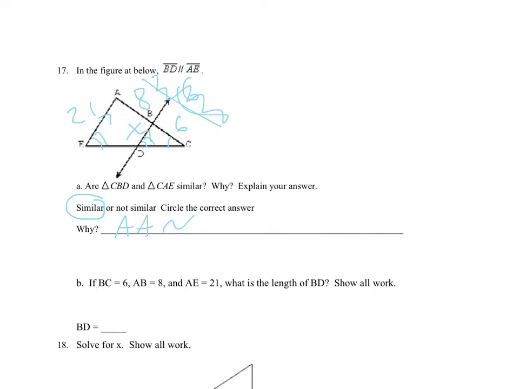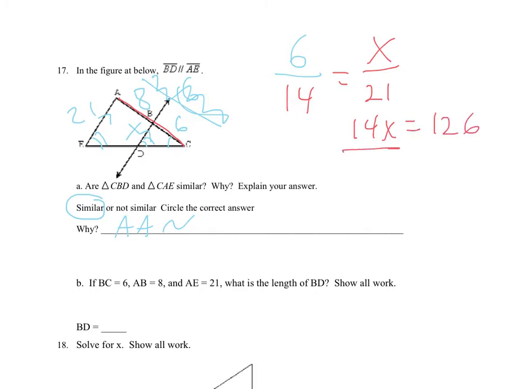So 6, which is BC, corresponds to the length of AC, which is that side of that triangle, which is 8 plus 6, so 14 there. The red is 14. That's going to be equal to x over 21. Cross multiply, we get 14x equals 126. Divide by 14, and x equals 9, which is the length of BD, x.